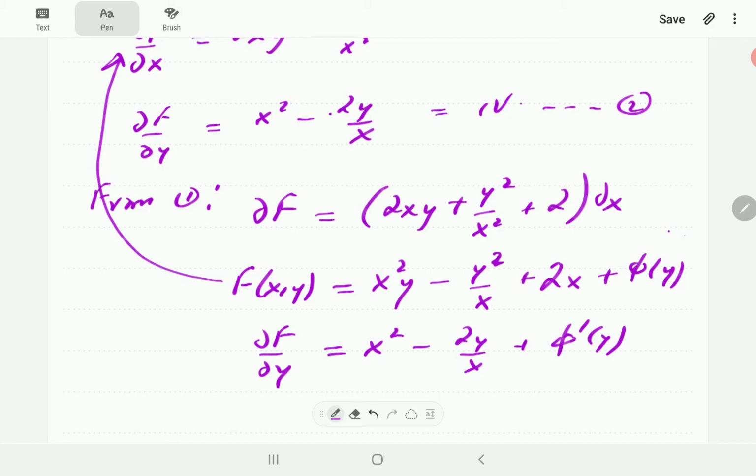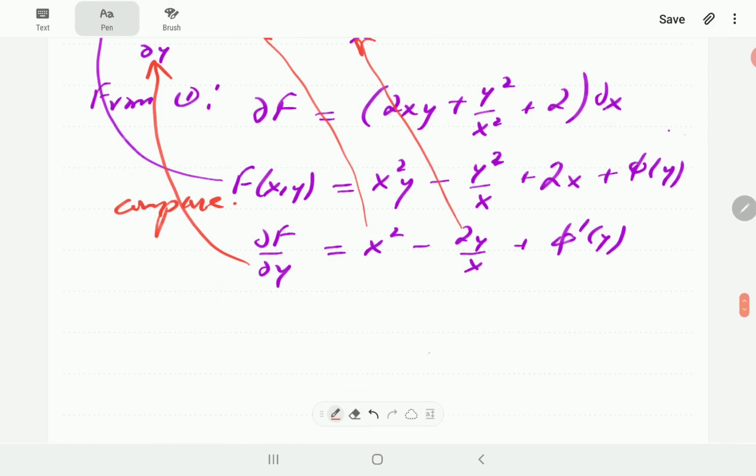Then all we need to do is to compare this with this one, okay? So compare. We compare them, we're going to find that this term is exactly the same as that one, which implies that phi prime must be equal to 0.